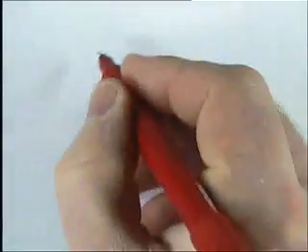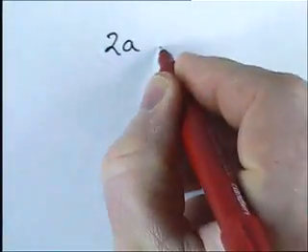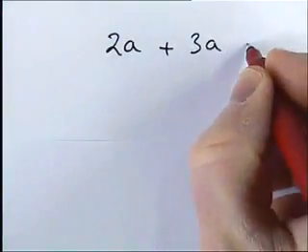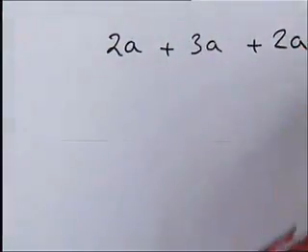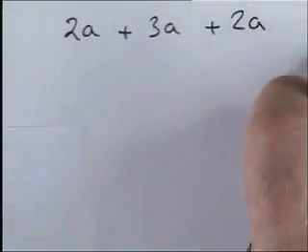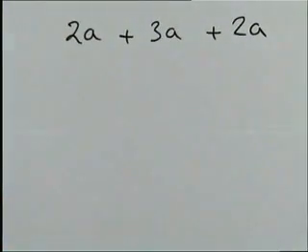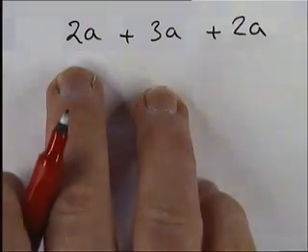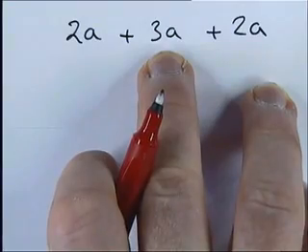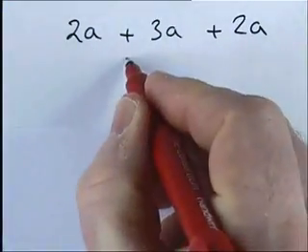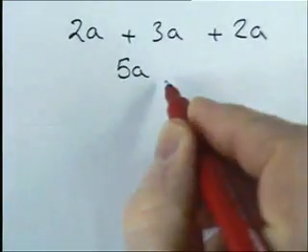So if we write down 2a plus 3a plus 2a, that's a mathematical expression. That's 2 lots of a plus 3 lots of a plus 2 lots of a. What I want you to do now is see if you can simplify that. So pause your video. Okay, so we've got 2 lots of a and another 3 lots of a, which is 5 lots of a, plus that 2 lots of a there.